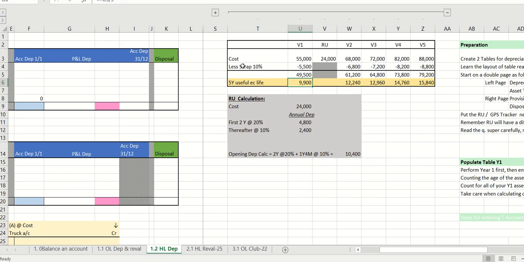Okay, so let me populate this table now for you because I had it pre-populated and I shouldn't have really. So this is my cost, which we just talked through. We're going to be taking 5% divided by 100 multiplied by 5. 5% off of each of these guys. And then we're going to get the value from which we're going to perform our depreciation.